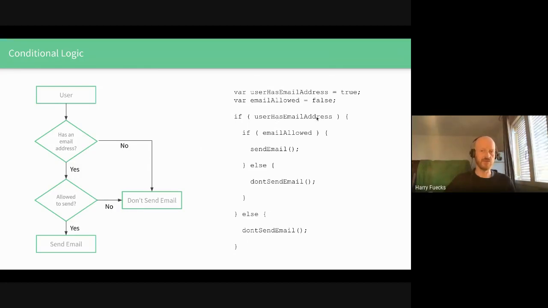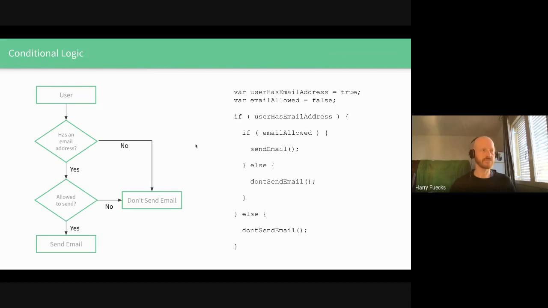Yep, that's true. So we go down to this if statement. Is email allowed? Well, that's false. So we can't go in here. So instead we jump into here where it says else don't send the email. And also if this was false, if the user didn't have an email address, we would have jumped right down to here. So this if else construct here in code represents this diagram in effect.